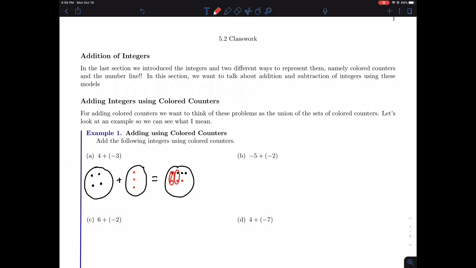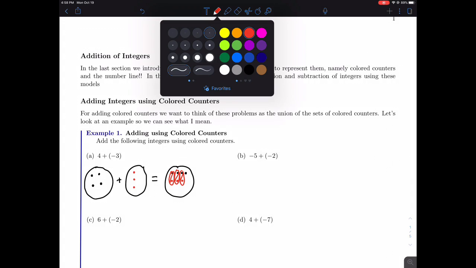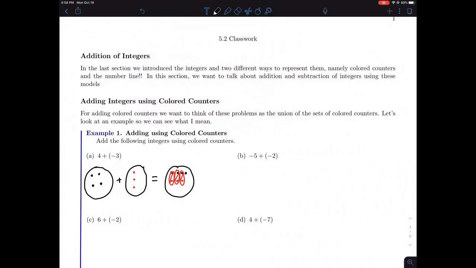I've got this black and this red, same thing, so it goes away. I've got this black and this red, which is the same, so they're just going to be 0. So in the end, all I have left over is one black dot. So my final answer would be positive 1 to represent that one black dot.